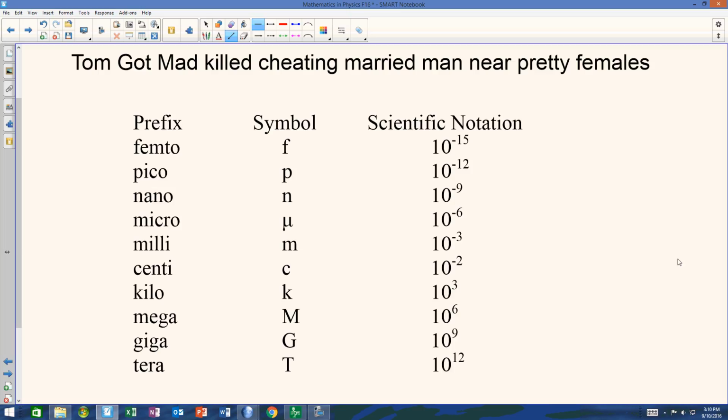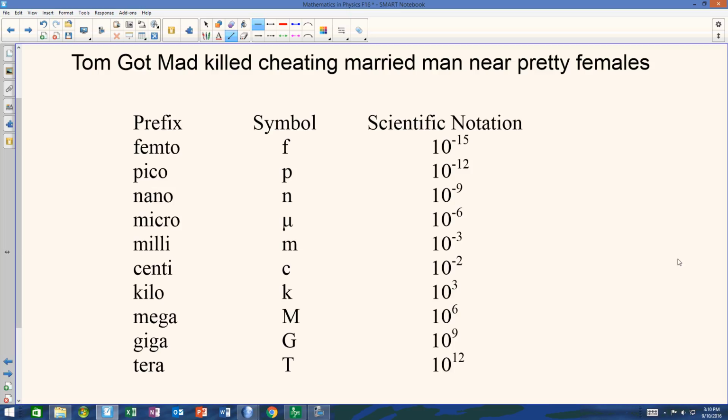Kilo, we use kilometers, and we use kilograms, so kilo is pretty popular. We also use centi and milli on our meter sticks. Micro, and nano when we're talking about wavelengths. Pico and femto when we're talking about really small times, and when we're talking about capacitors. Okay, so these are the prefixes that we use.